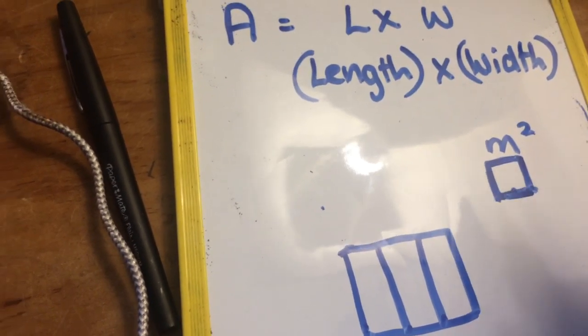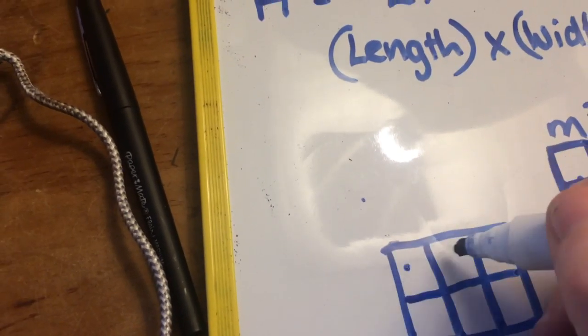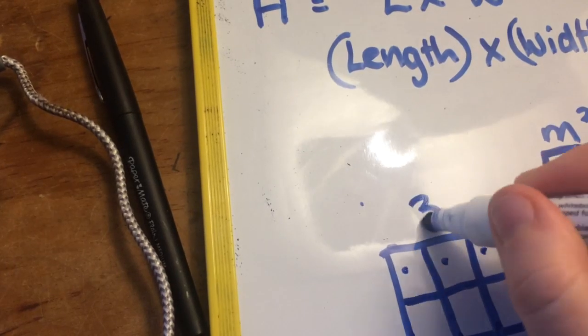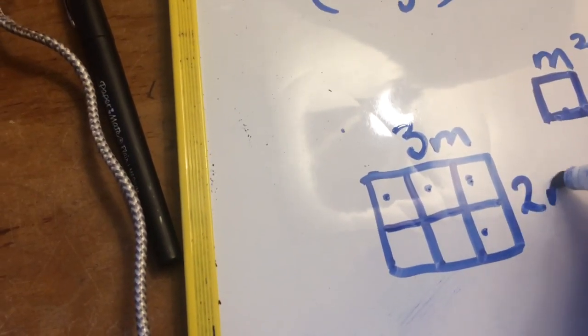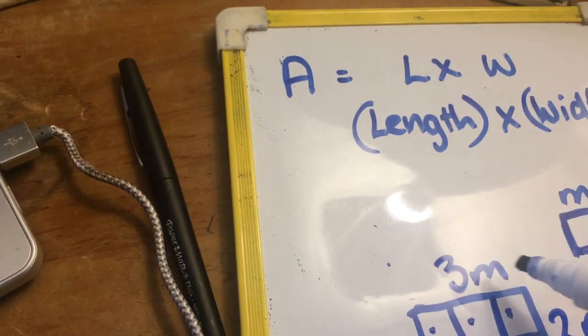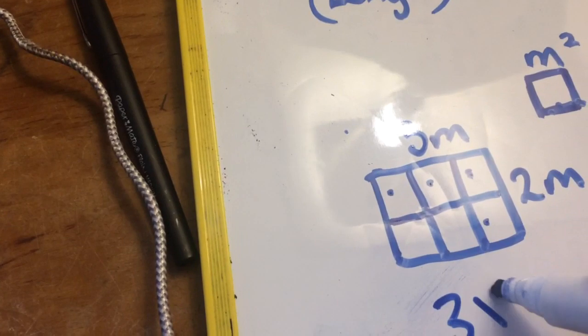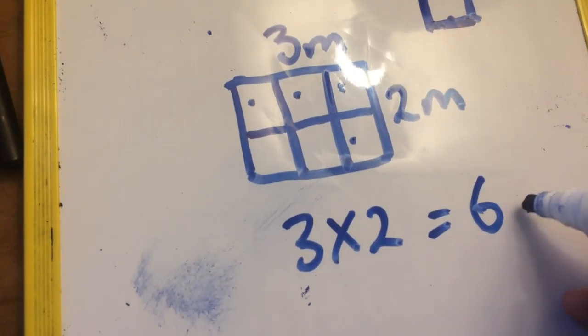That's a square meter. Let's say this is our wall. We have 1, 2, 3 meters this way and 1, 2 meters this way. So the area is length multiplied by width. It's 3 multiplied by 2, and the answer is 6 meters.